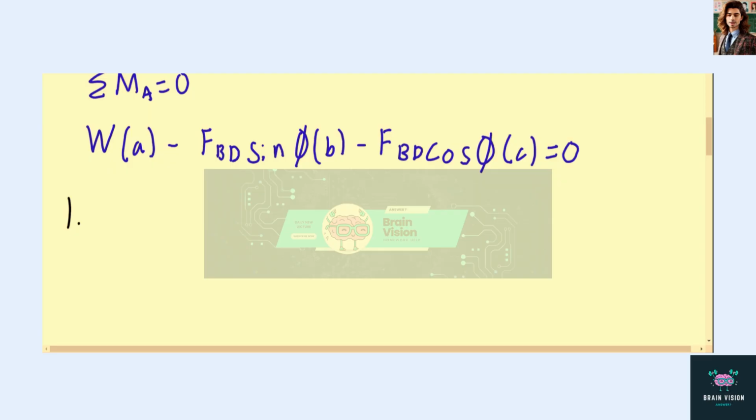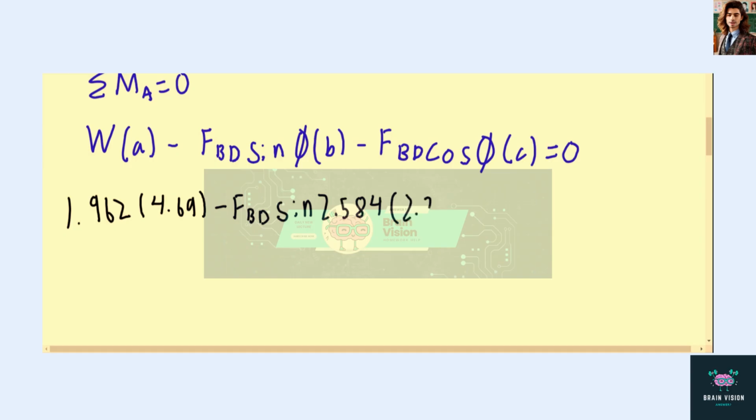We plug in the weight W times the length A, minus F of BD times the sine of the angle phi times the length B, minus F of BD times the cosine of phi times the length C, and set that equal to 0.